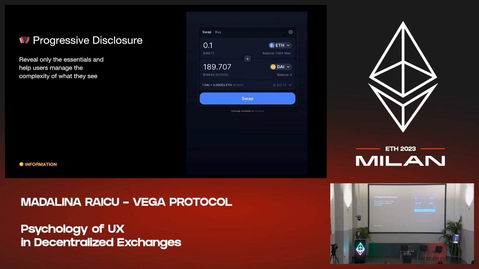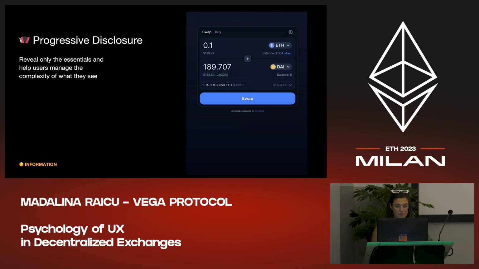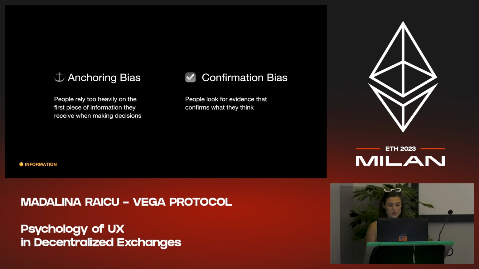In this example, the user finds out information regarding the price impact and fees, and then about the route used for optimization, only by interacting with the UI. It is important to note that designers need to choose very well what to disclose first and in what order. Why? Because people rely too heavily on the first piece of information they receive when they're making decisions. And this is called the anchoring bias.